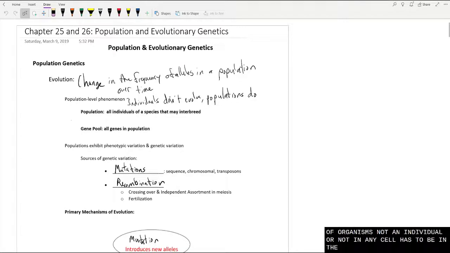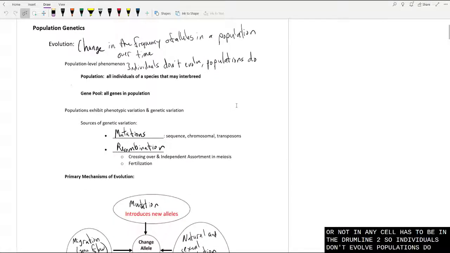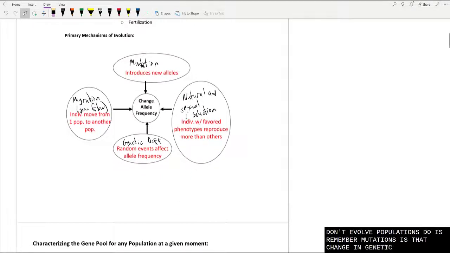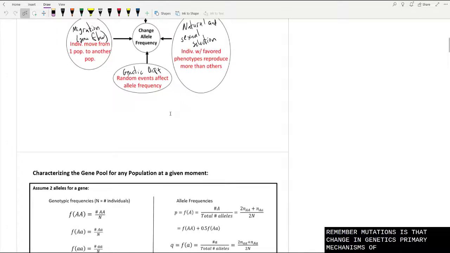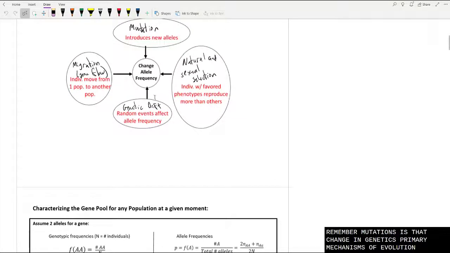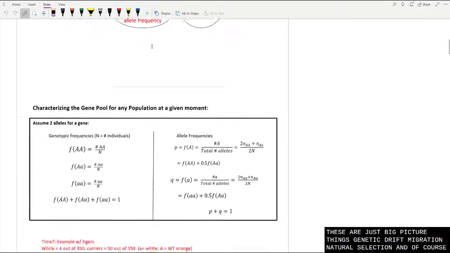It has to be in the germline too. So individuals don't evolve, populations do. Remember, mutations is that change in genetics. The primary mechanisms of evolution, these are just big picture things: genetic drift, migration, natural selection, and of course, mutations.